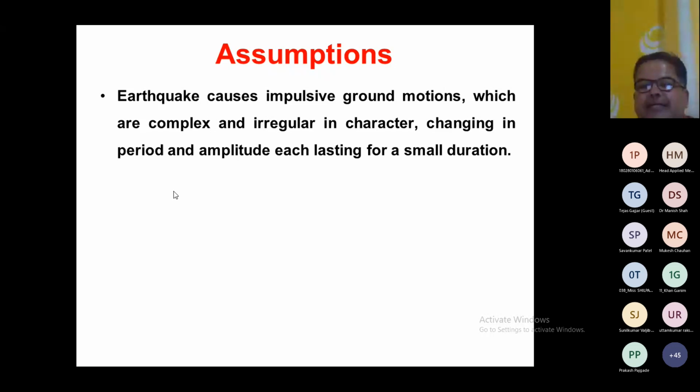except for one earthquake, the Mexico City earthquake of 1985. This Mexico City earthquake was a very low frequency earthquake, and during this earthquake a lot of damage and a lot of casualties were observed, and everyone was surprised.